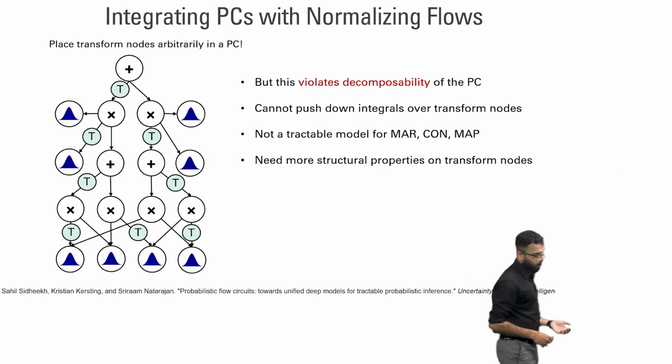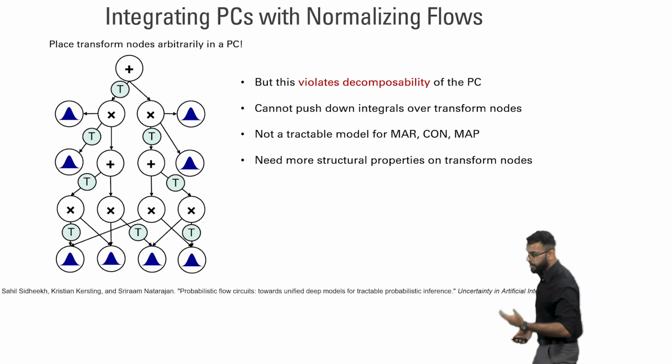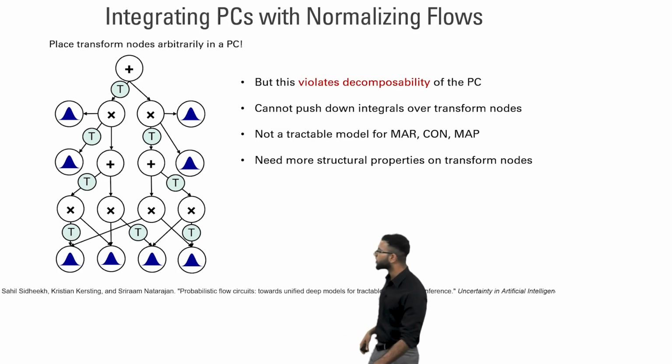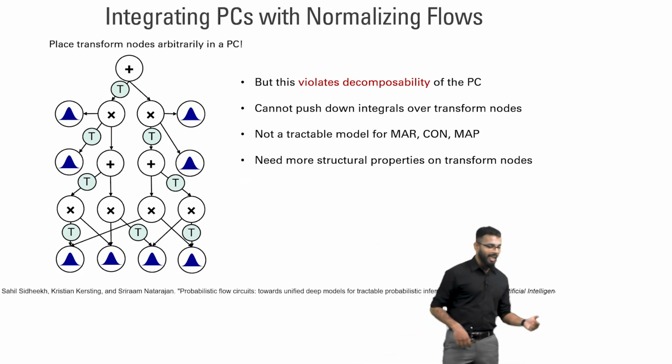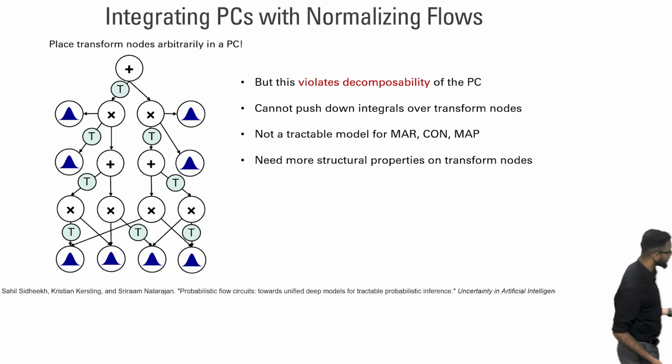As a result, marginal and conditional inference becomes intractable. The way we made things tractable for a probabilistic circuit was by defining structural properties, right? We defined smoothness, we defined decomposability, and showed that marginal and conditional inference are tractable. And then to get something like MAP, we had to define more structural properties. We had to define the determinism property, right?